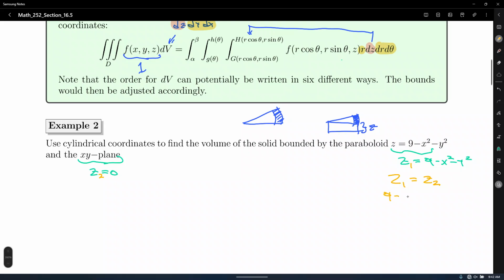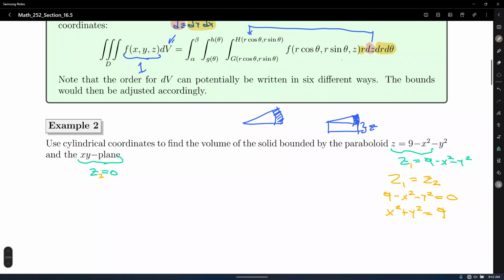So 9 minus x squared minus y squared equals 0. In the same way that you did it in calculus 1 to find the points of intersection between two curves, you said f1 equals f2 or y1 equals y2. But in this case, we're no longer finding points of intersection, but rather sets of points that is given by these equations in two variables. That means x squared plus y squared equals 9. Doesn't that look like the circle of radius 3?